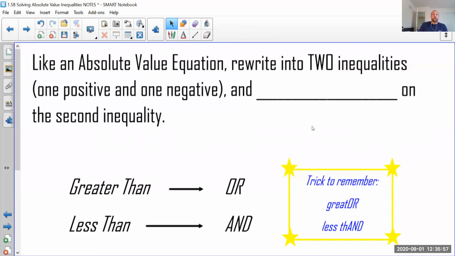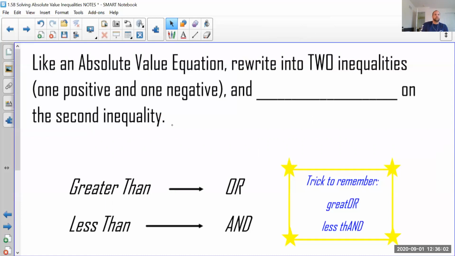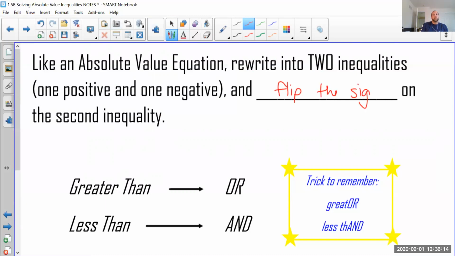Okay. The only thing that we're going to add in is we are going to also flip the sign. And we're going to flip the sign on our second inequality. So on the negative, this negative one that we're changing, we're also going to flip the sign.